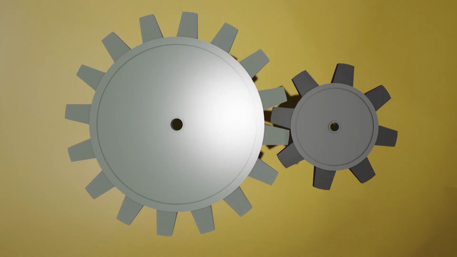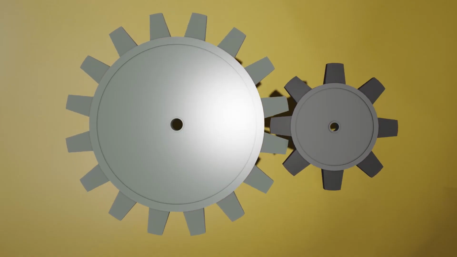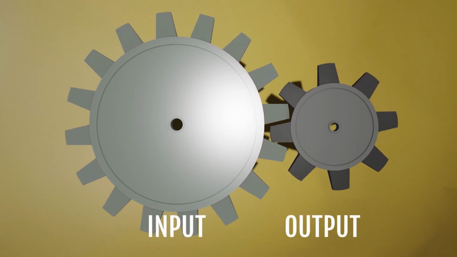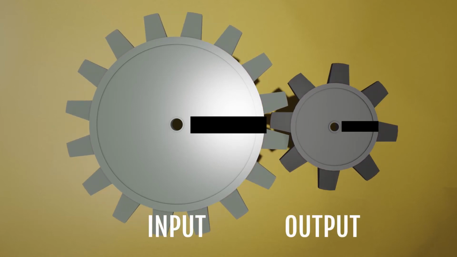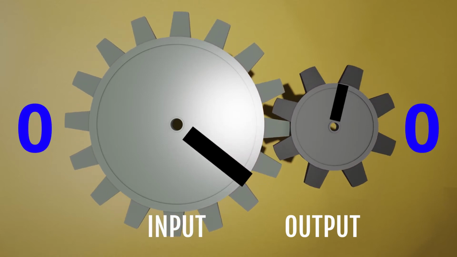Here we see 2 gears meshing with each other. Let's say the gear to the left is the input gear and the gear to the right is the output gear. With these black bars as reference, let's count how many times the output gear spins every time the input gear spins once.